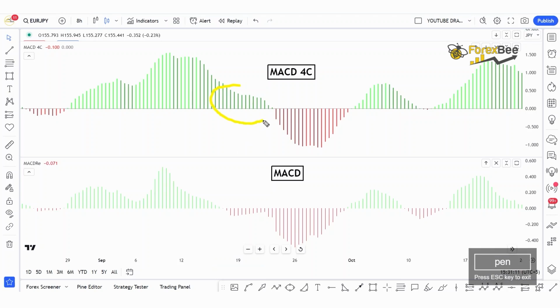If we have a look at the histograms of these two indicators, at this point, the MACD forex indicator is showing us trend lines of bullish nature, while the simple MACD indicator is failing here. This is because when the prices are moving at a very high rate, or we are facing a volatile market, the MACD forex indicator is much more advanced and accurate as compared to the MACD indicator.